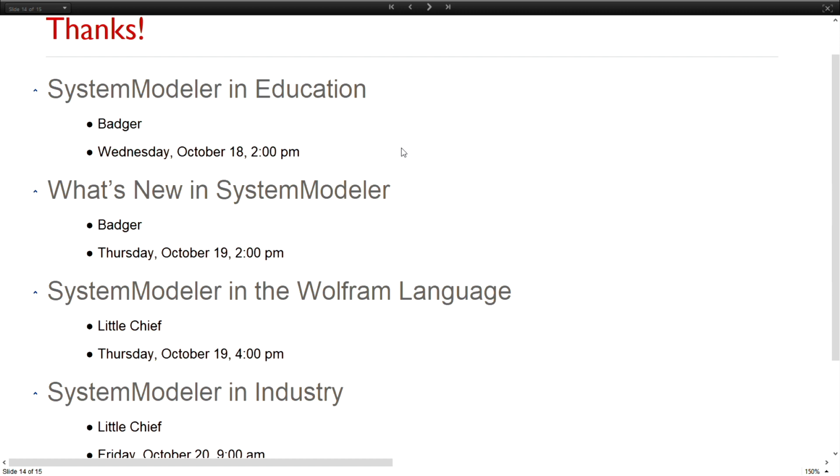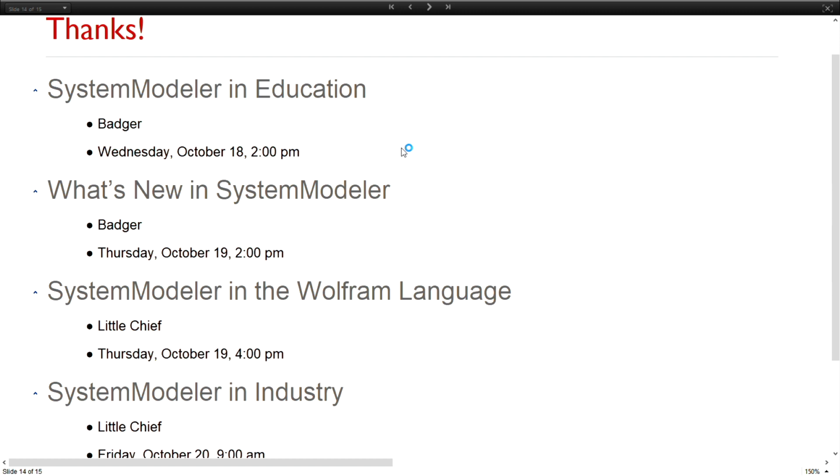Also tomorrow I'll give a talk on how we're trying to further integrate System Modeler inside the Wolfram language, how we can think of a model of a system, for example, this laboratory exercise, the Bungee Jump, as a symbol within the Wolfram language that you can interact with in any way you want.